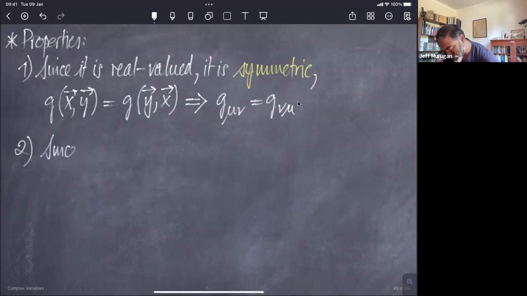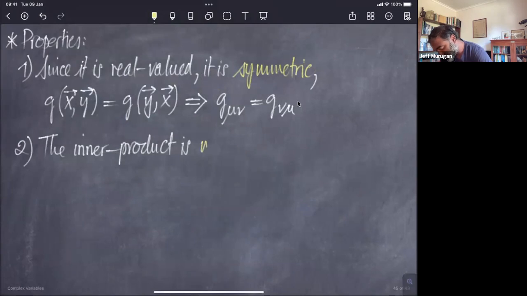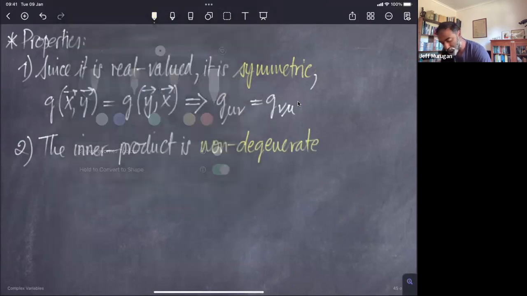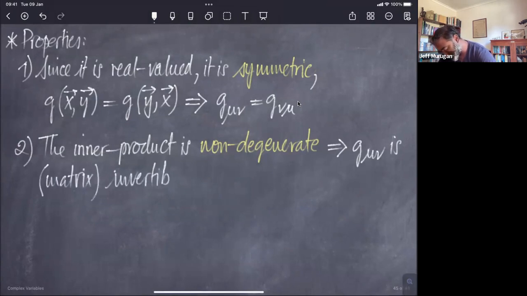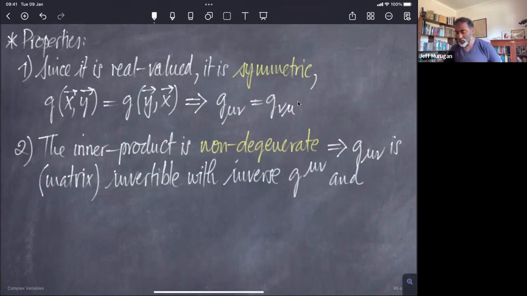So since the inner product is non-degenerate, G mu nu is invertible.